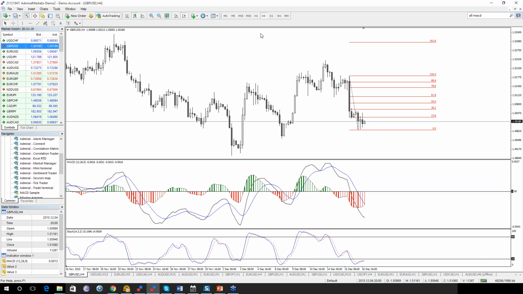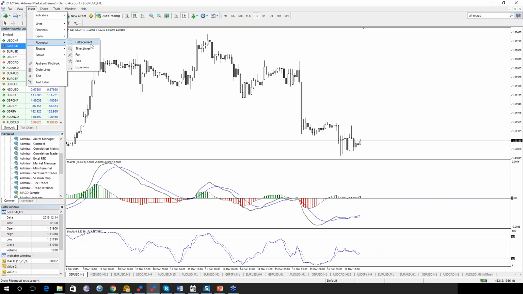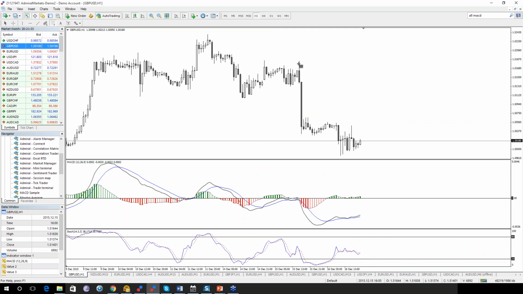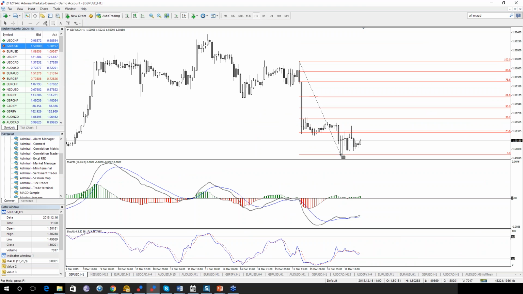Okay, pound dollar, 4 hour, both trend and momentum. Okay, 1 hour, loss of momentum. We need to watch now. Okay, the most obvious swing, definitely this one. It happened exactly on 15 December, yesterday.